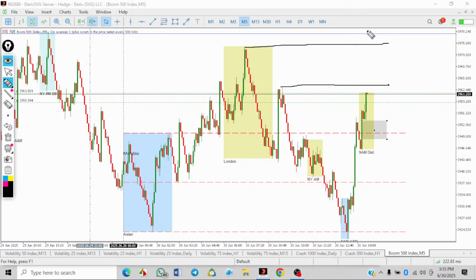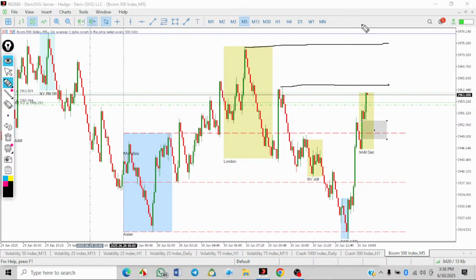So on my 1 hour time frame, should I add two positions? Let me add another position here, and then put a limit order there.